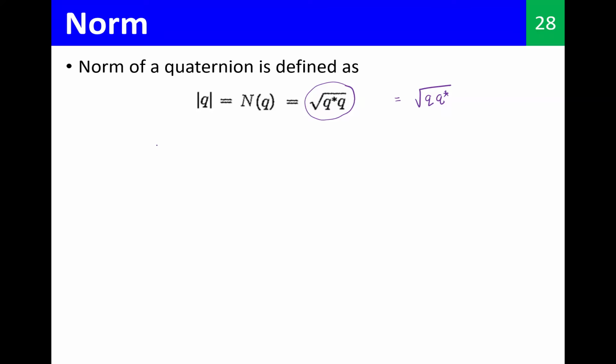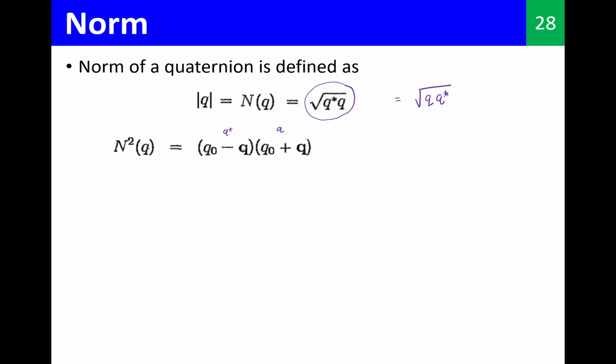And if I look at the square of the norm, then I have q conjugate, and this is just q, right? And the square root will disappear.